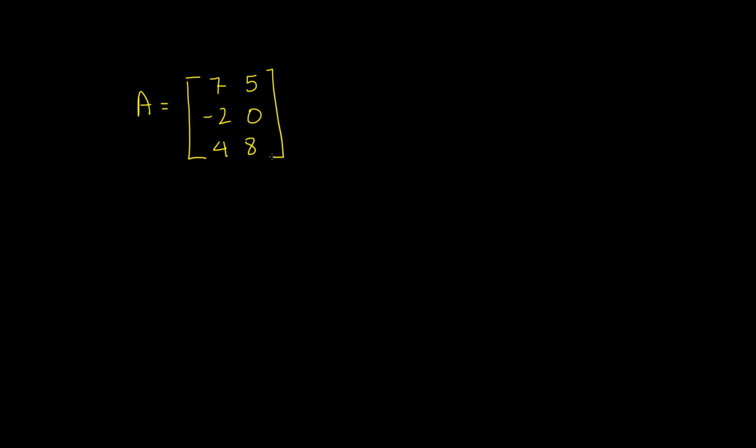The capital letter refers to the entire matrix, and pretty often, the majority of the time, a matrix is referred to as matrix A or matrix B, or just A, just B, a capital letter.